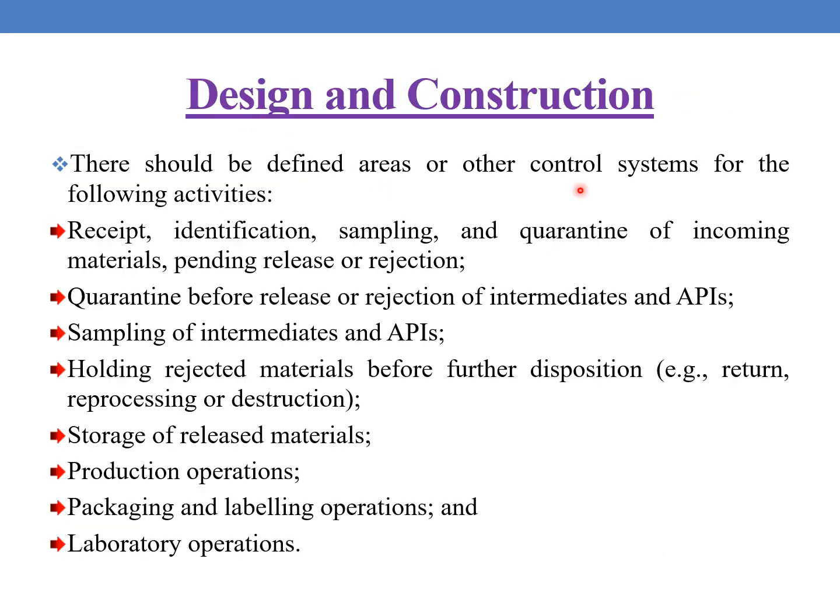There should be defined areas or other control systems for the following activities. The first one is receipt, identification, sampling and quarantine of incoming materials pending release or rejection; quarantine before release or rejection of intermediates and APIs; sampling of intermediates and APIs; holding rejected materials before further disposition, for example return, reprocessing or destruction; storage of released materials; production operations; packaging and labeling operations; and laboratory operations.